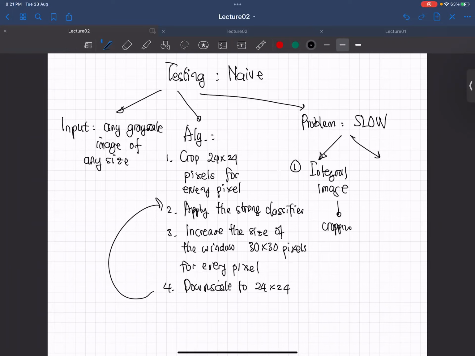Cropping and downscaling, and also the scanning. So the integral image will solve all this.